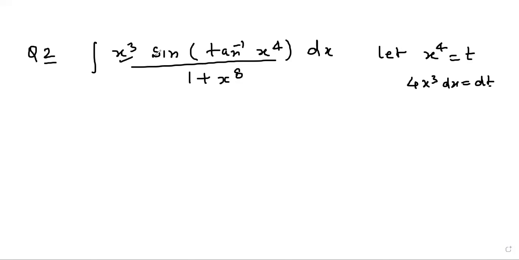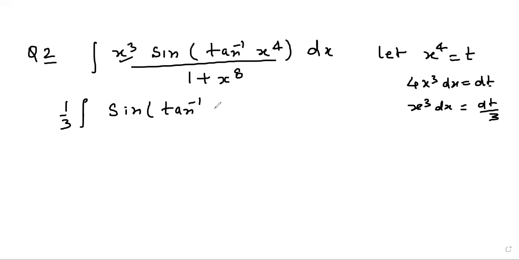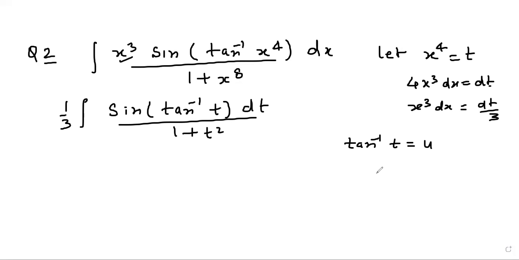In our question, we have x cube dx. So x cube dx equal to dt upon 4. So the question becomes 1 upon 4 integration of sine of tan inverse t dt divided by 1 plus t square. Now again, let tan inverse t equal to u.